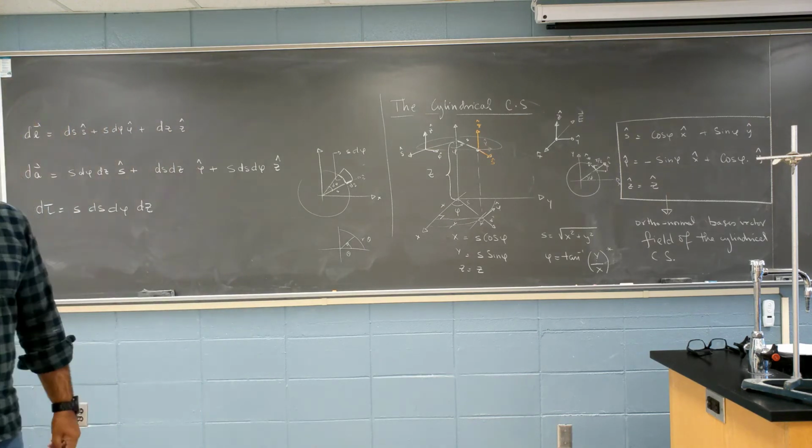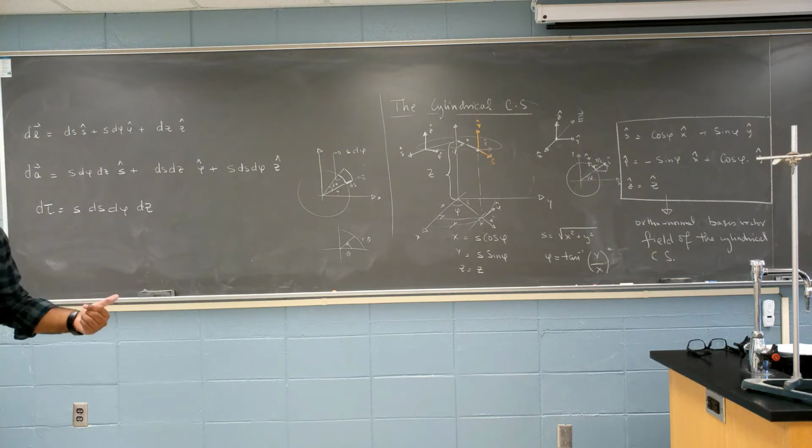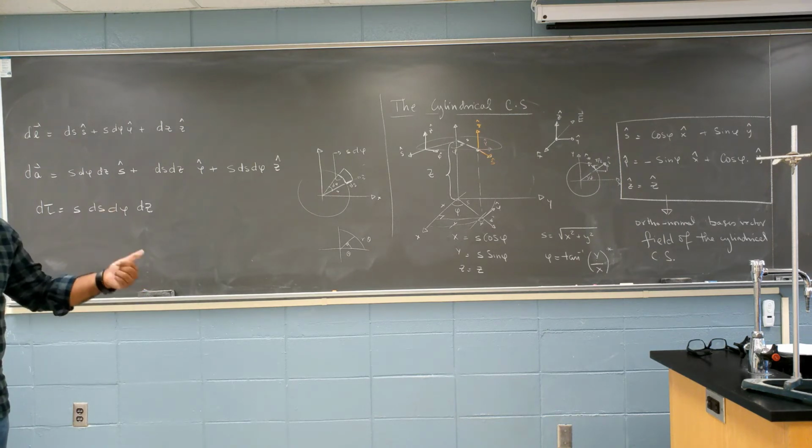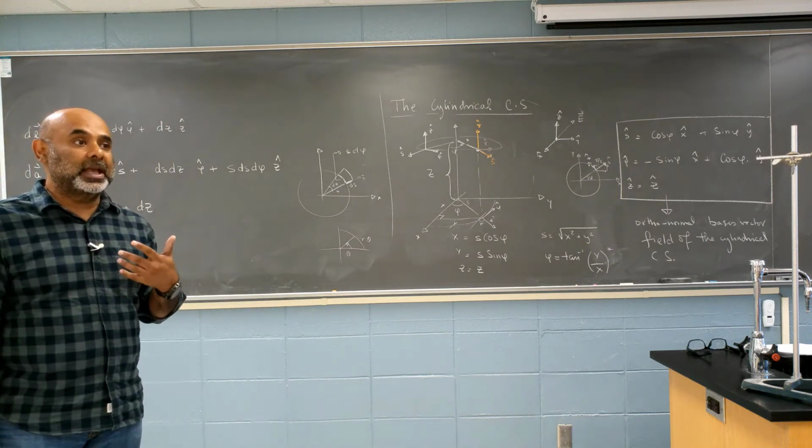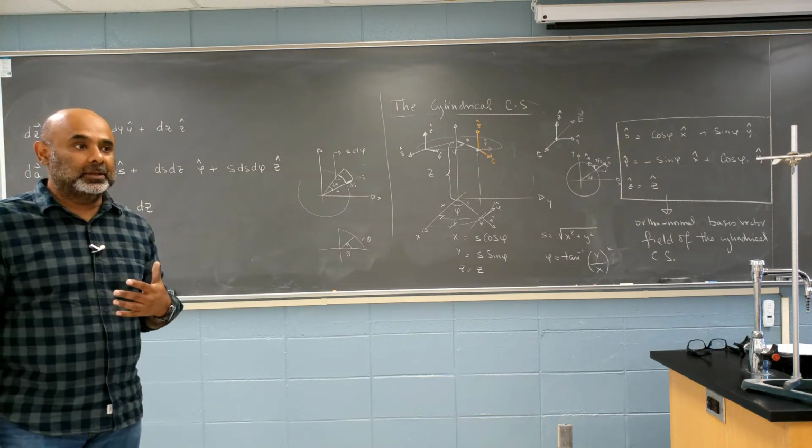The other thing we can also do is compute now the divergence, the curl, and the Laplacian in cylindrical coordinate system. It's a 15-minute video. I'll post another 15-minute video. These are just calculations. I don't require you to memorize any of it, and you will calculate this.